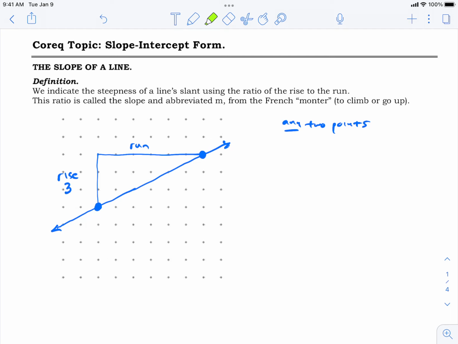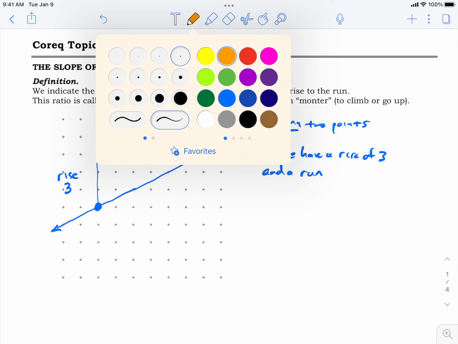And then you measure the run, and you go, okay, so from here I'm going over 1, 2, 3, 4, 5, 6. 6 squares, or 6 whatever you want to call them. So if we have a rise of 3 and a run of 6, and I want to maybe put this in a different color here.